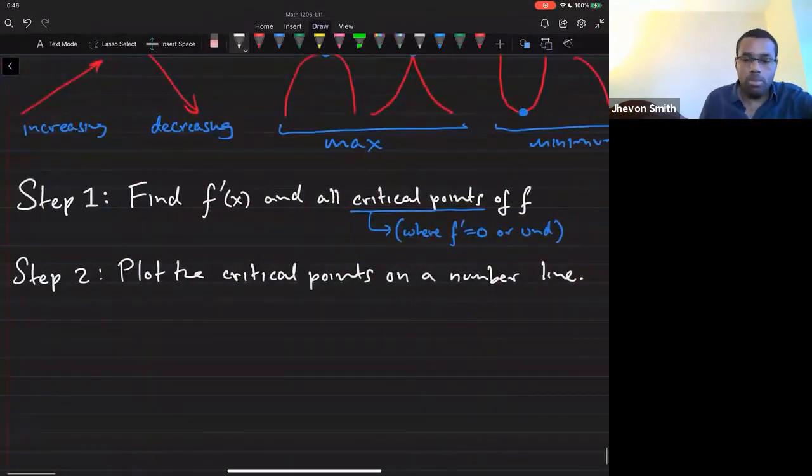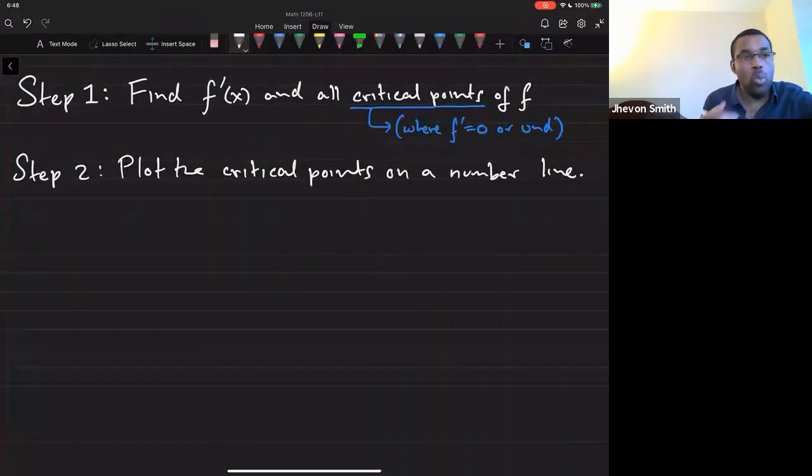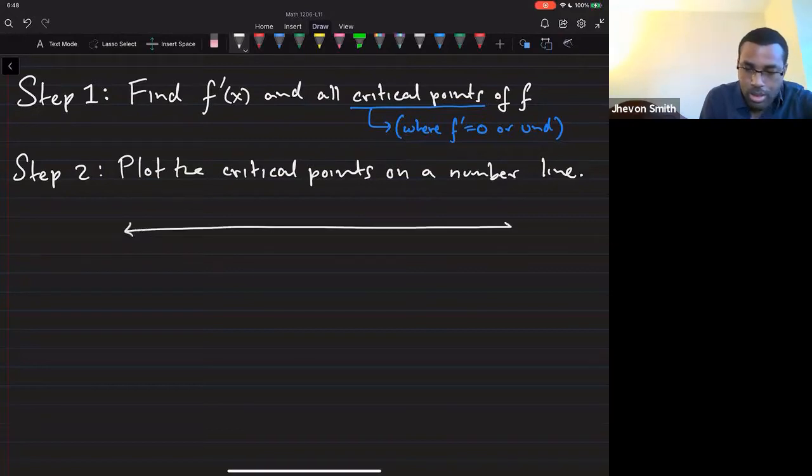So let's talk about what we can expect, or what it would look like. So here's a number line. And then I would have here, let's say that's where my critical point is.